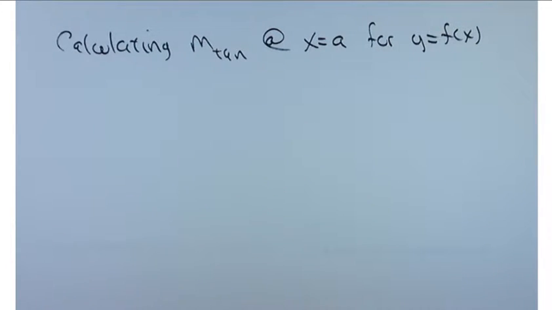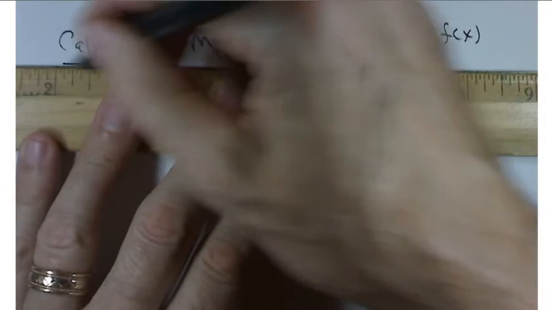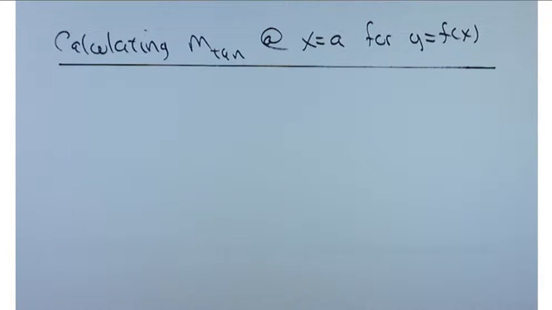So you've got some function, and you want to find the slope of a tangent line at a particular point. How do you do that? Well, I'm going to break it down into a bunch of steps. You don't necessarily have to follow exactly the way I do it. I should see some work when you show me your steps, but it doesn't have to be exactly what we have.